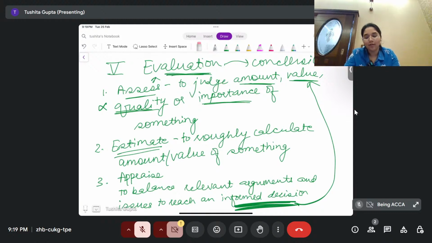And what I was also thinking is maybe to have a session where I quickly take you through the formats of the different requirements that are tested: briefing paper, report, memo, or maybe a letter, maybe the slides. So, just to quickly go through it, maybe 15-20 minutes of a session where we quickly browse through all of the formats so that they remain fresh in your mind. Let me know if you people want me to have that.